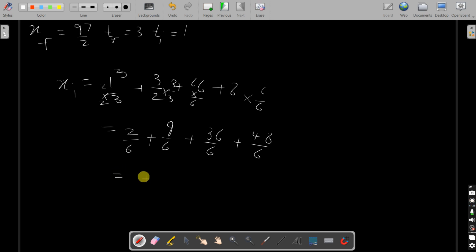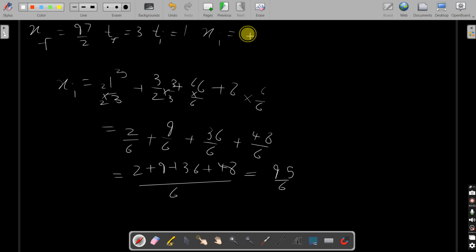The answer will be 2 plus 9 plus 36 plus 48 upon 6. This is 95 upon 6. Therefore, our x initial is 95 upon 6.